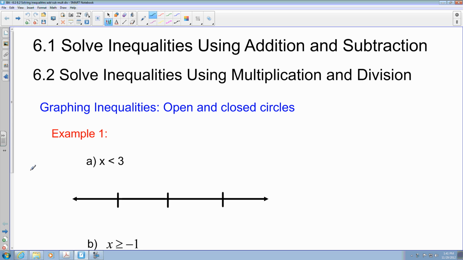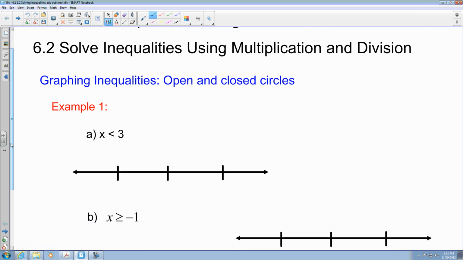Now, when it comes to graphing inequalities, what we first have to remember is being able to use open circles and closed circles correctly. So let's look at example 1. If I see example 1, I have x is less than 3.